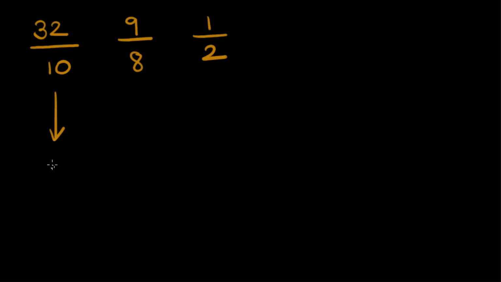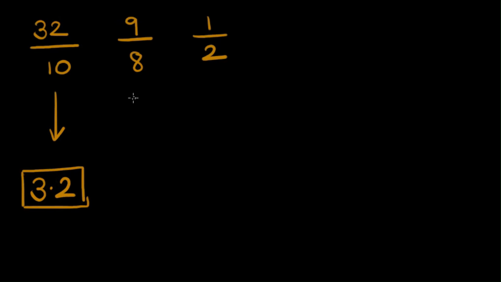If there is one 0 after 1, that means there will be 1 digit after the decimal point. So it will be placed before 2 and after 3. So this is the decimal.